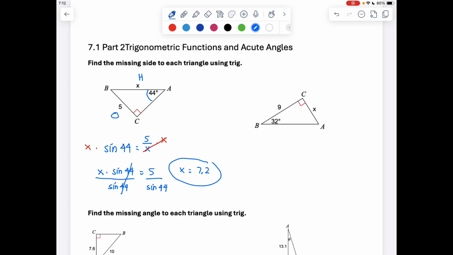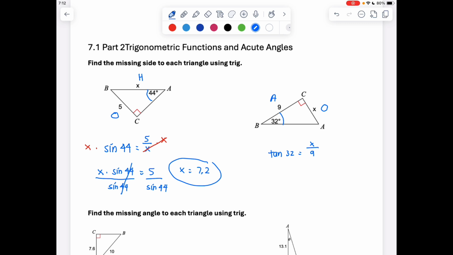So our next example, we're now dealing with a 32-degree angle. Again, we need to figure out which trig function we're going to use based on the side lengths given. So we look across, and x is our opposite side, 9 is our adjacent. This tells us that we want to use tangent. So the tangent of 32 will equal our opposite, which was x, divided by the adjacent of 9.